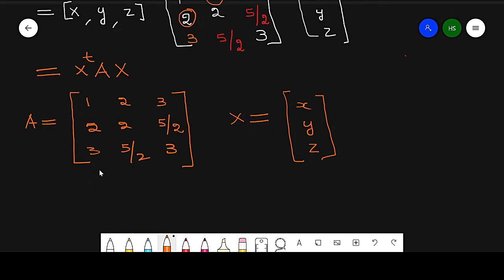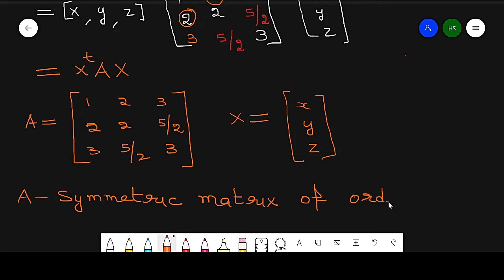Now in this way we can find the corresponding matrix of the quadratic form. So clearly this A is a symmetric matrix of order 3.